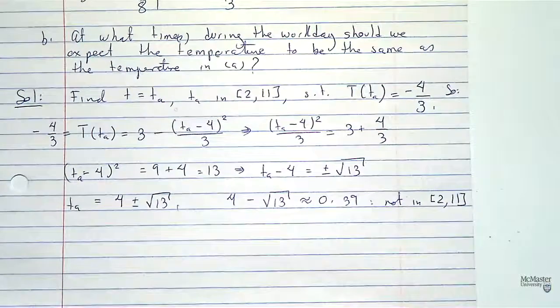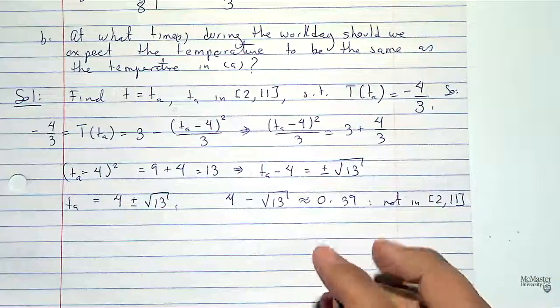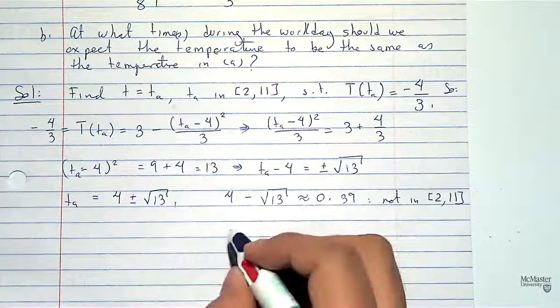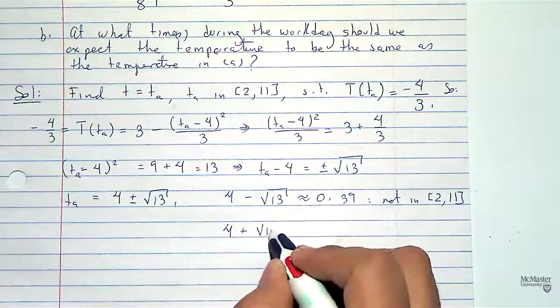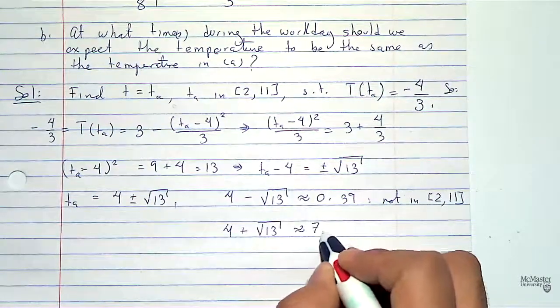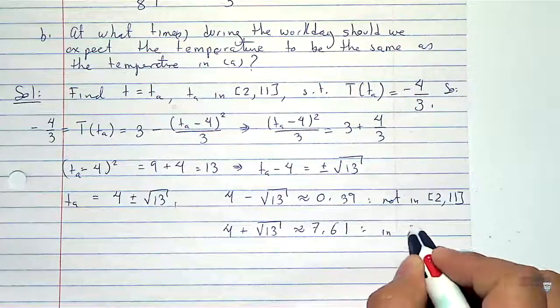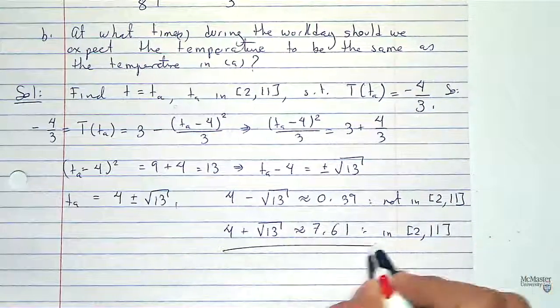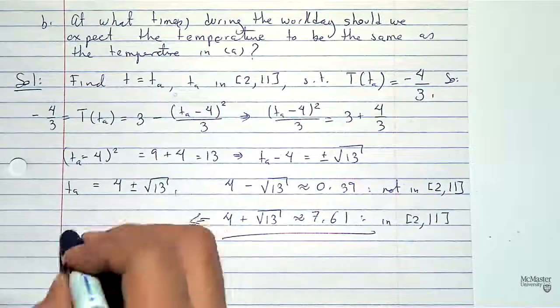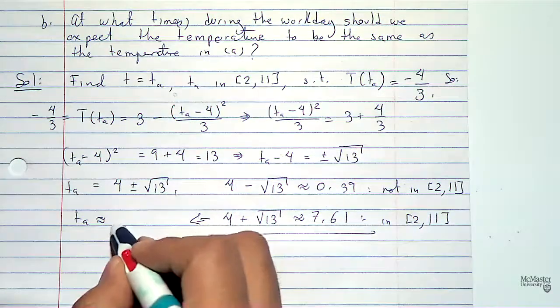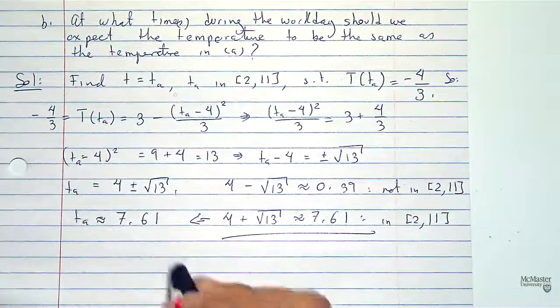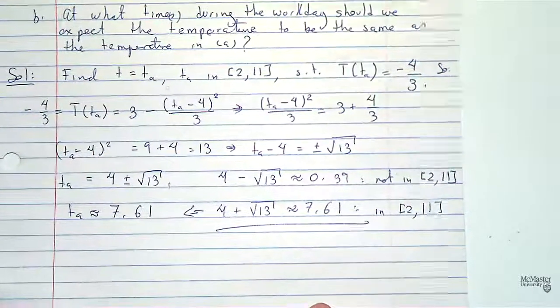So you discard that solution because that is the space of times that are possible. The other possible answer is 4 plus the square root of 13, which is 7.61, and that is actually in the interval from 2 to 11. So from the two solutions, the one that you will choose is this one. So TA is approximately 7.61, which is the positive one, okay?